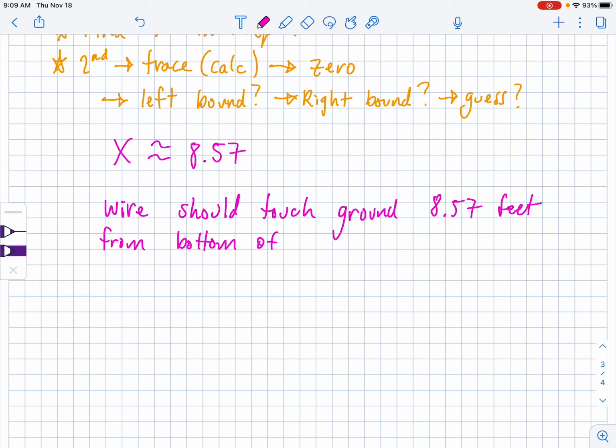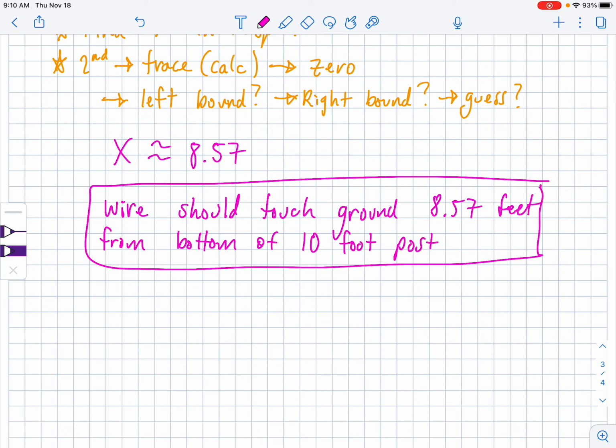I meant, because we don't know which one's on the left and which one's on the right, from the bottom of the 10-foot post. So, still an optimization problem, still using derivatives, but the algebra got too crazy, so we had to resort to a graphing calculator.